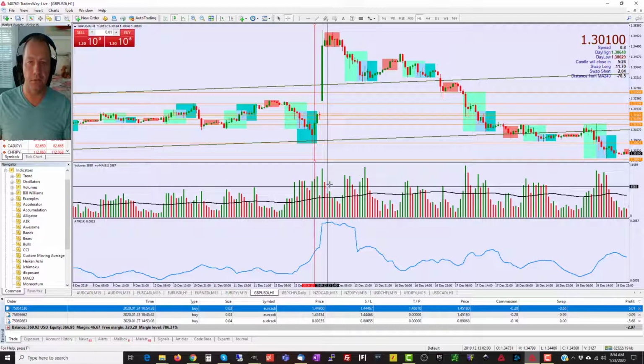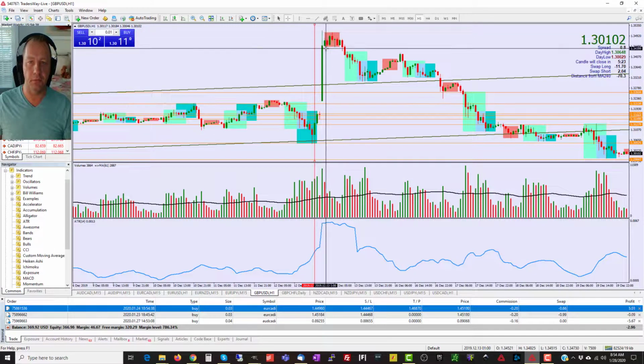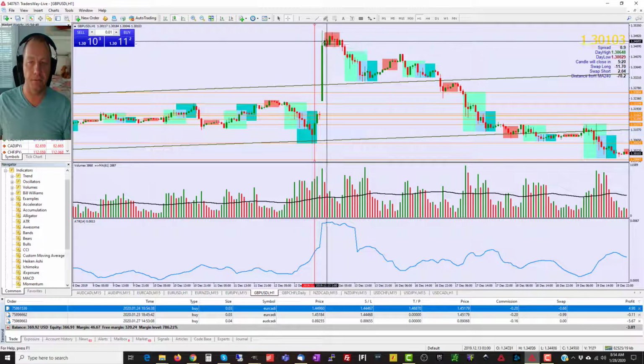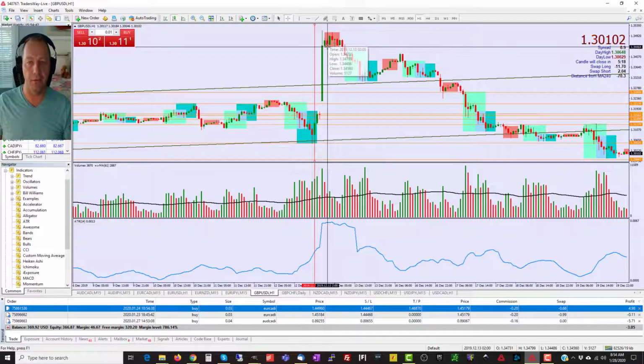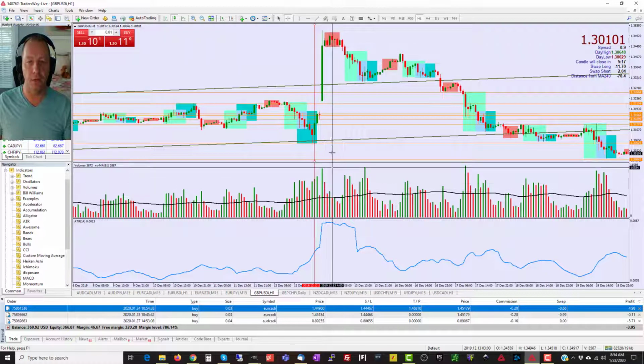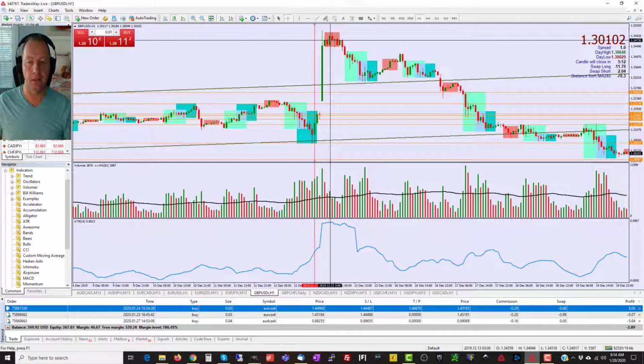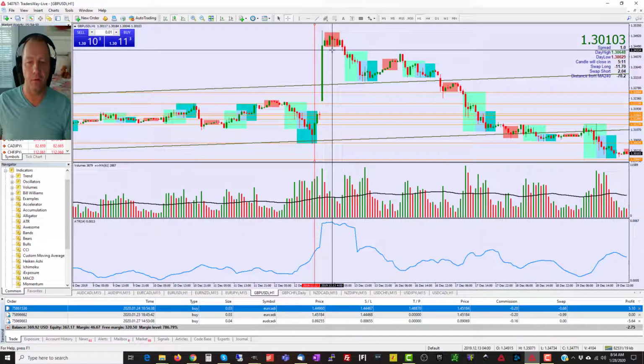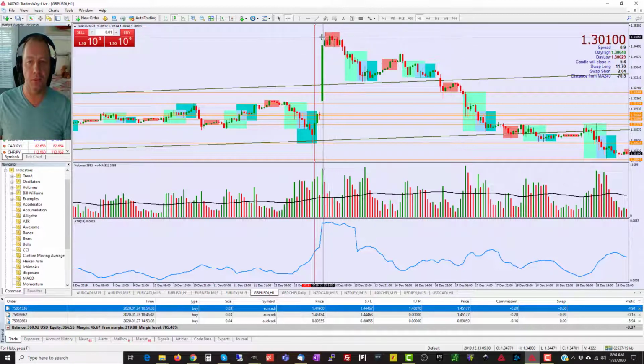Then a bearish candle, just this is hiding something, and we can tell that on a smaller time frame. And then we have another bullish candle, bigger volume, but the body doesn't match up. And then we have a bearish candle. So we start seeing something over here, and this is during the Asian session, by the way.